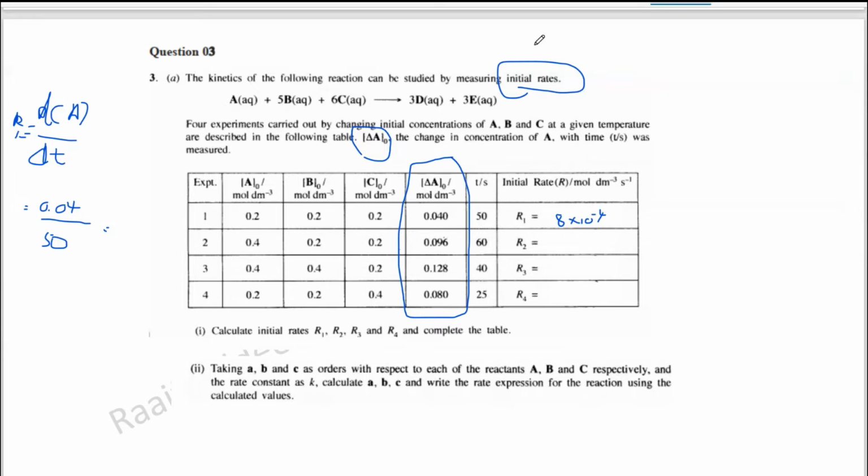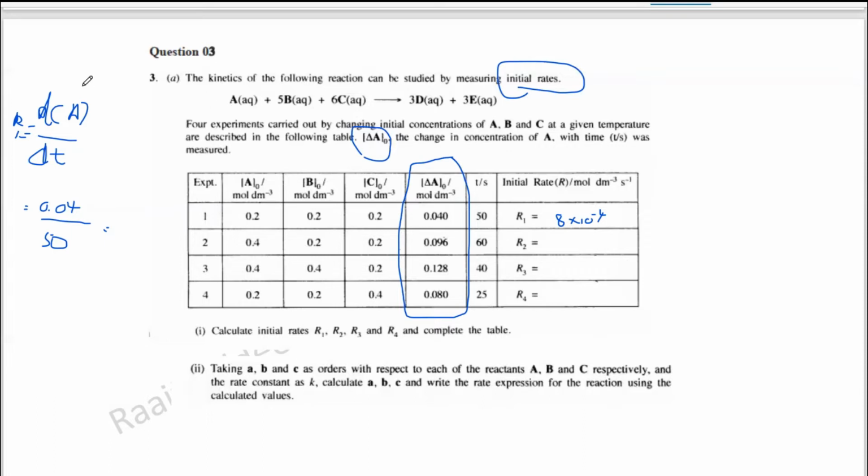But this is an overall reaction. In the overall reaction, you can write the rate with respect to A, B, C, D, or E. Anyway, when you write the rate with respect to each component, at the end of the day the rate of the overall reaction should be the same.